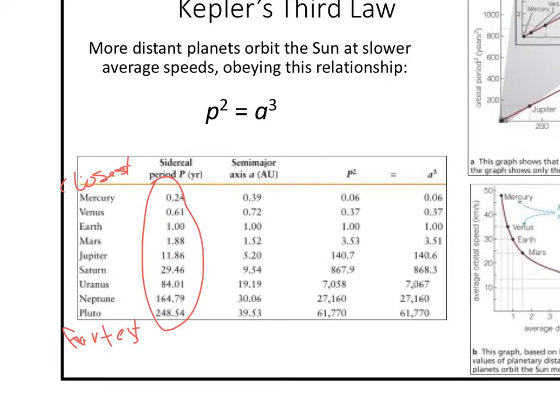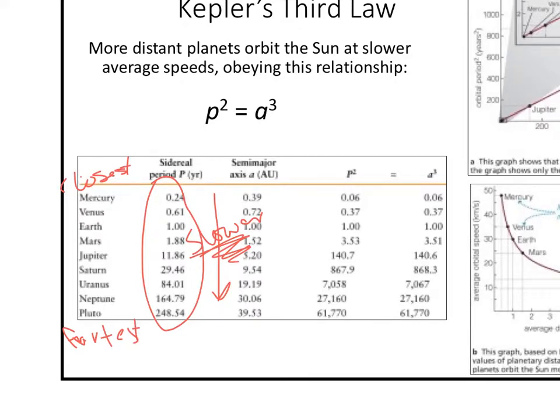So not only is their orbit larger, but they go slower in their orbits. Okay, so according to Kepler's third law, the farther you are from the sun, the slower you move in your orbit.